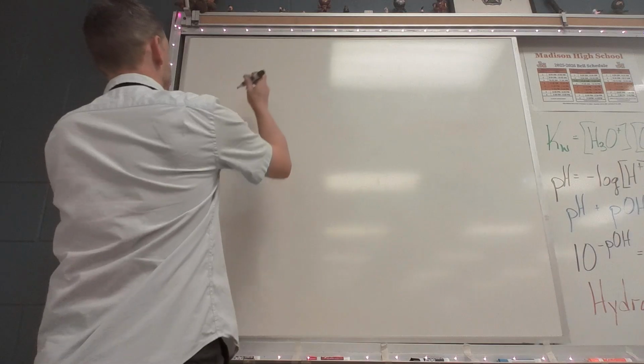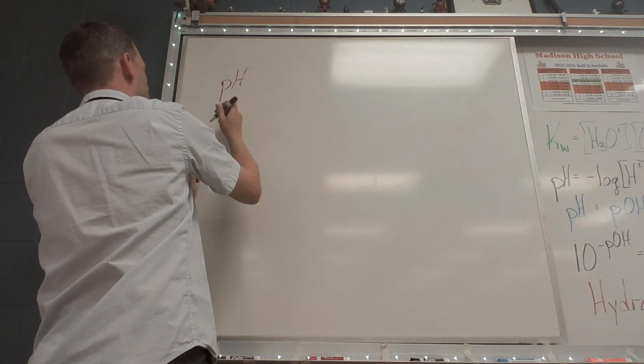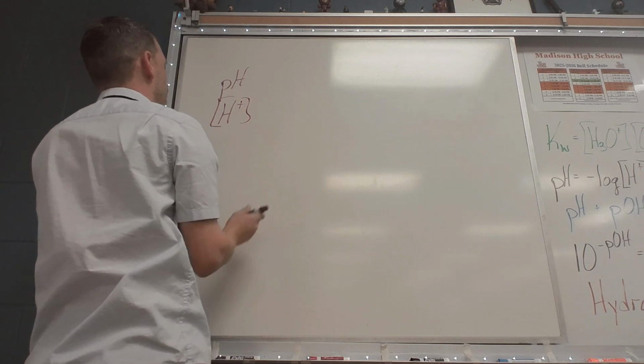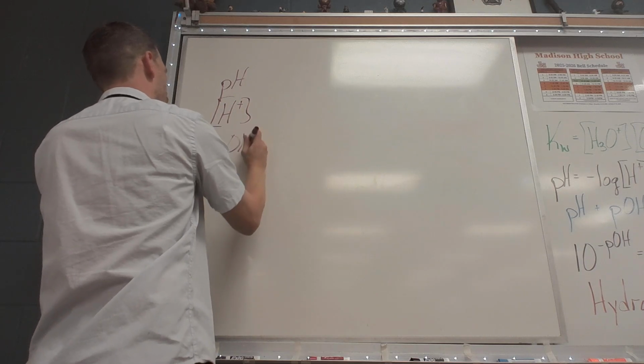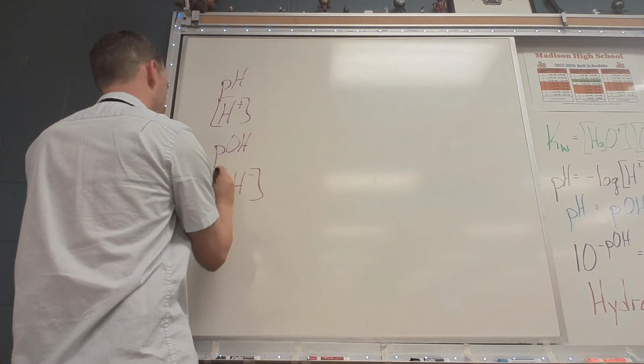Make this list with me. We want a pH, which talks directly to H+, and then we've got pOH, which talks directly to OH-.